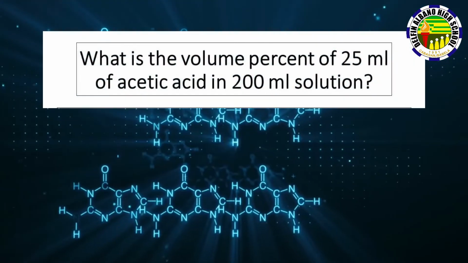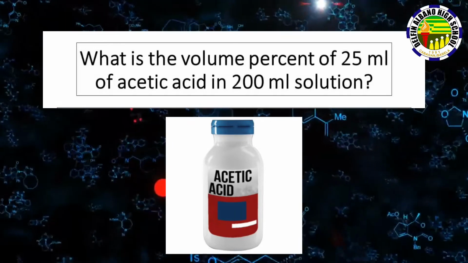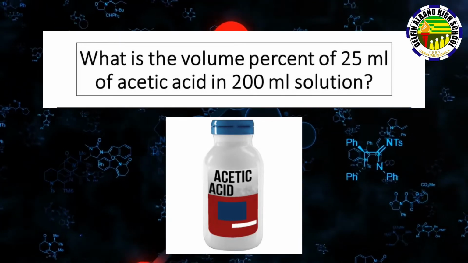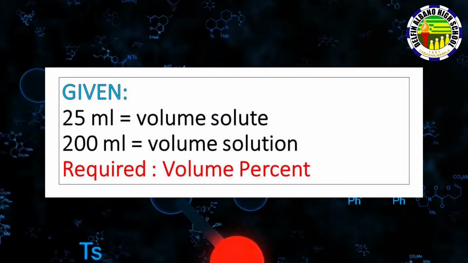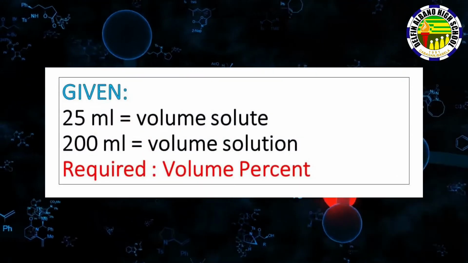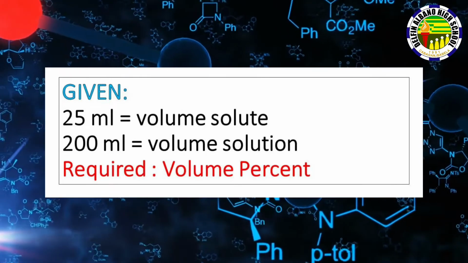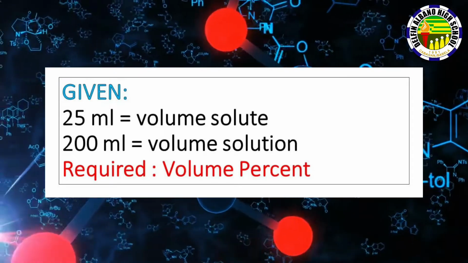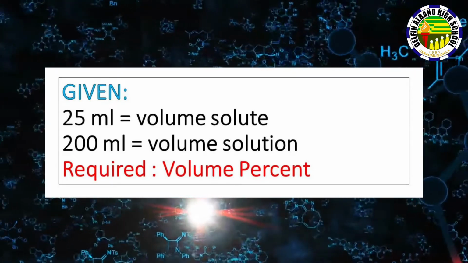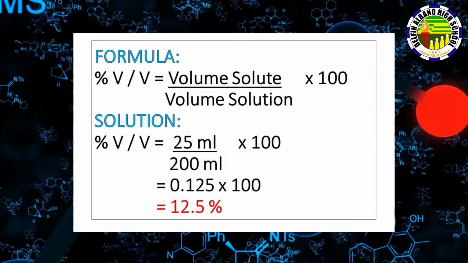Next problem is, what is the volume percent of 25 ml of acetic acid in 200 ml solution? Given: 25 ml volume of solute, 200 ml the volume of solution. Required is volume percent. The formula that I'm going to use is percent volume equals volume of solute divided by volume of solution times 100.